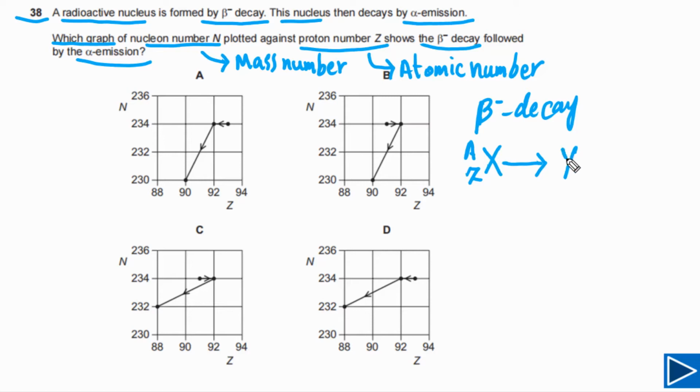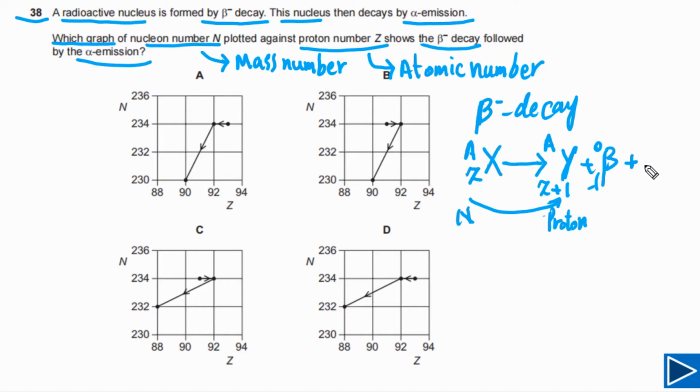Let's say the new nucleus formed is Y. In this case, proton number will increase by 1, but nucleon number, meaning the mass number, will not change. Simply, one neutron changes into one proton, but the mass number remains the same. So a neutron decays into a proton.